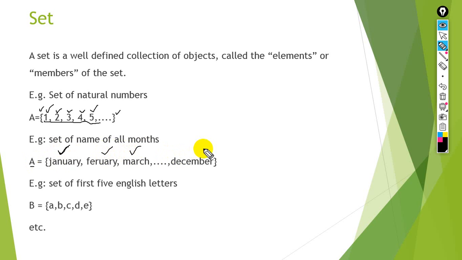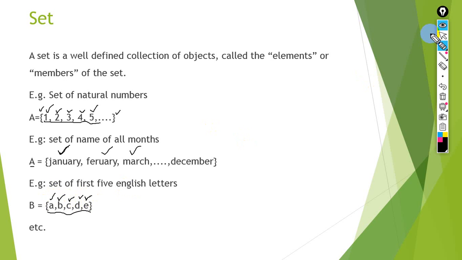These are the elements or members of the sets. If we take a set of the first 5 English letters, A is a member of this set, B is a member, C is a member, D is a member, and E is a member of this set.